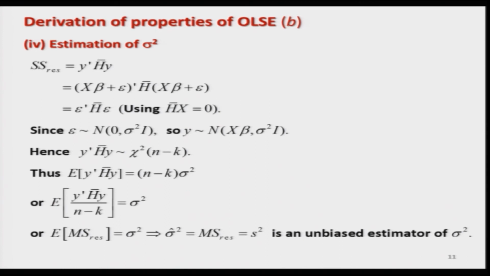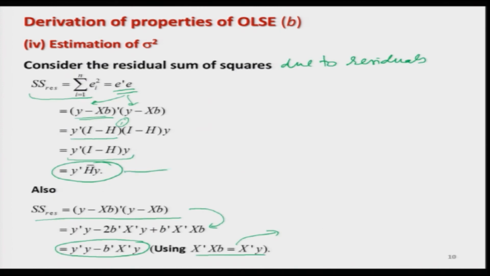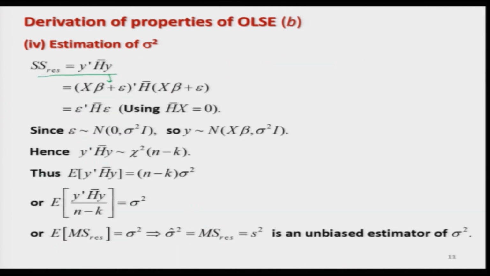Now I can write down sum of squares due to residual as y transpose h bar y. Now this y is given by x beta plus epsilon, and this is the result which I have used here, that SS res equals this. So once I write down y equal to x beta plus epsilon, we know one more thing: if you try to write down h bar into x, you can see I minus x, x transpose x whole inverse x transpose, into x.